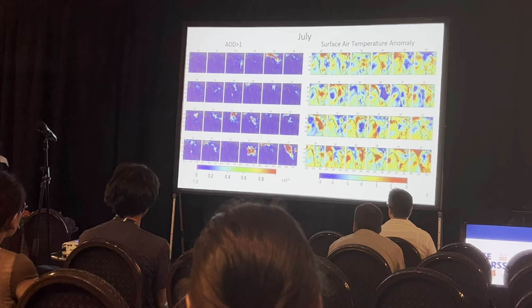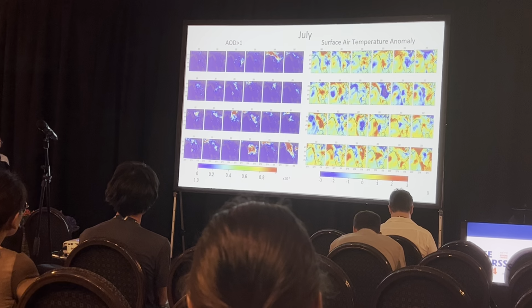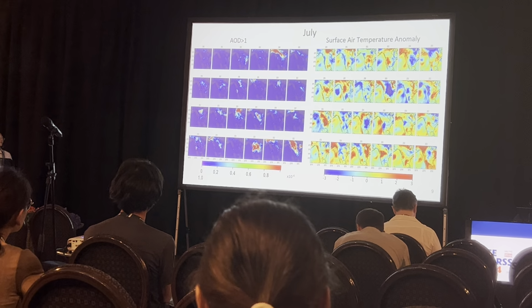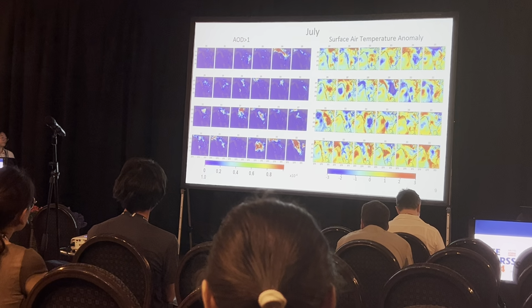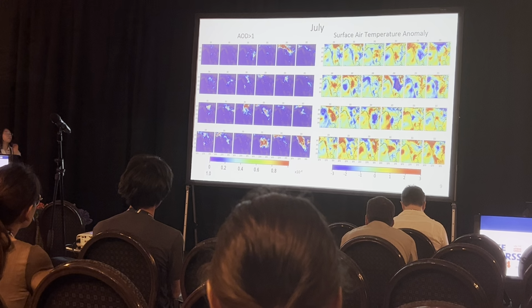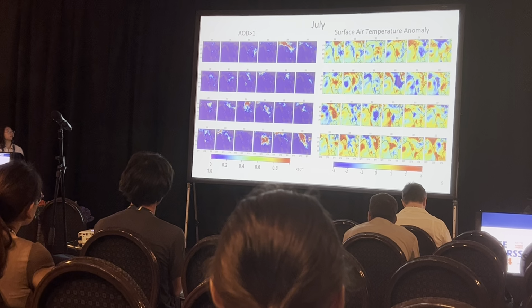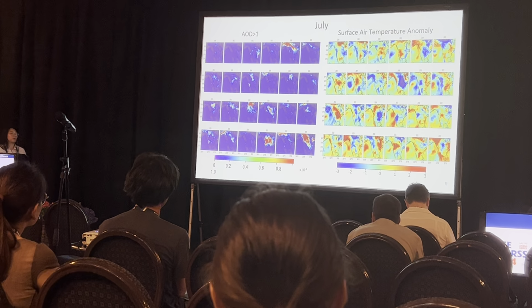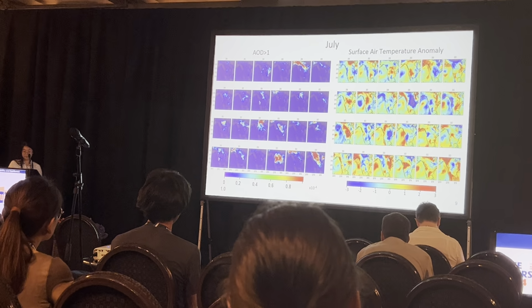However, that does not mean there has to be a fire present if the surface temperature anomaly is positive. We saw this correlation between the months of May to July. However, it is not clear this finding still holds for the rest of fire season from August to September.